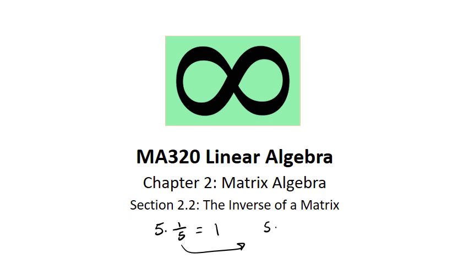Remember that 1/5 is the same thing as saying 5 to the negative power of 1, which is also the notation for an inverse. This is also equal to 1. So this is notation, and when we are dealing with matrices, we are going to use this notation here.